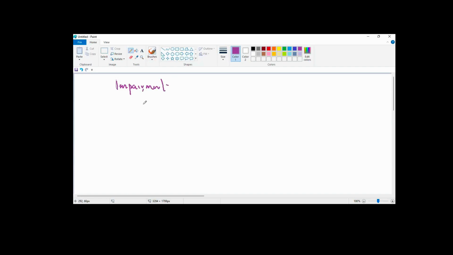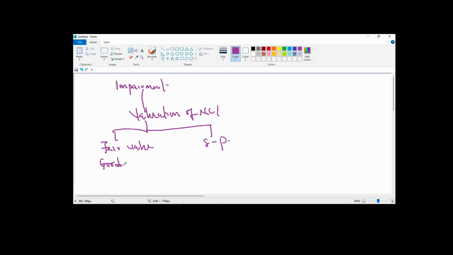I'll ask the question. How do you want me to value the NCI? If NCI is valued at fair value, or at share proportionate. If it is fair value, the goodwill belongs to both the parent and NCI.